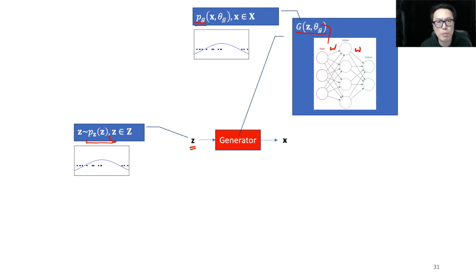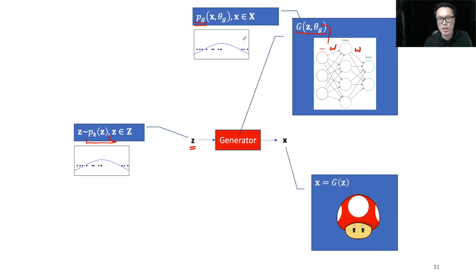So when we change the parameter theta G, the distribution will change as well. Once we feed the latent Z into the generator, we come up with this X from the generator. So X is G(Z).